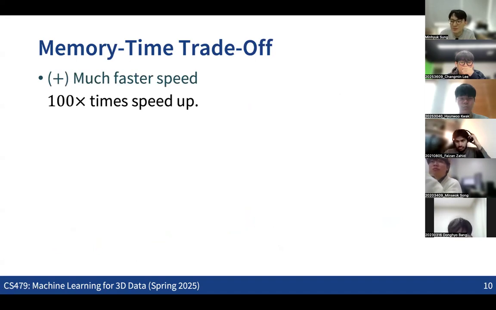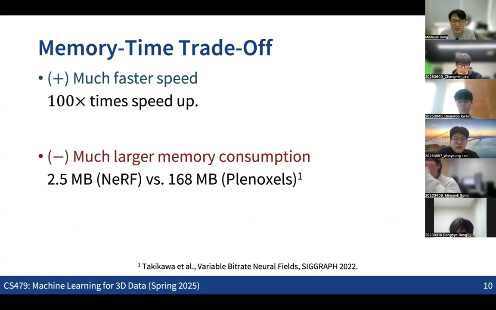What would be the downside? I said that this result uses the 512 cubic resolution, which means that while we are speeding up the training, we are taking a huge amount of memory. When NeRF achieves the same quality with 2.5 megabytes, we will need more than 150 megabytes for the same quality of outputs.